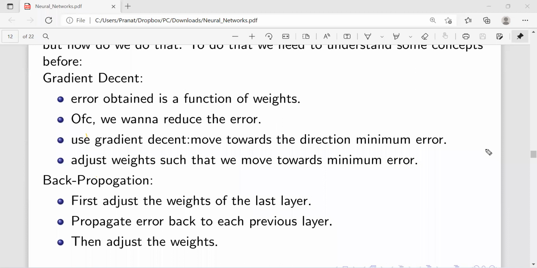So we go from backwards to forwards. This is why the term back comes in back propagation, and we propagate error back to each previous layer. We compute error, and we'll see how we compute error. We propagate it to the previous layer and adjust our weights.